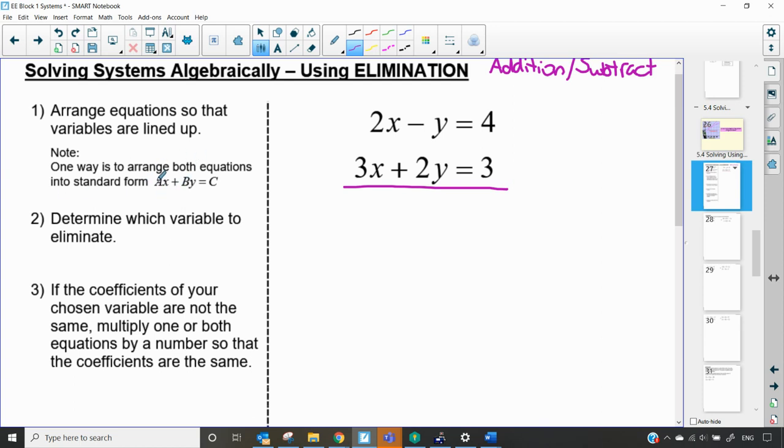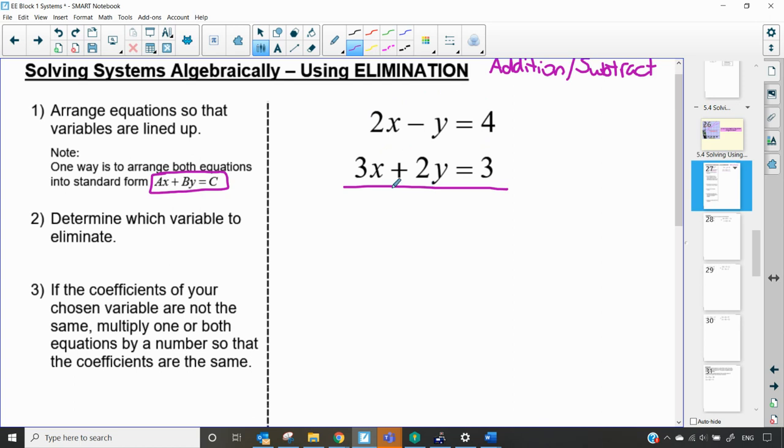Some textbooks will tell you that you have to put it in standard form, ax plus by equals c. You don't have to do that. However, that's often what you're going to see me doing. You could have your x's on one side of the equation and your y's on the other, but the most common way is to line everything up using standard form.